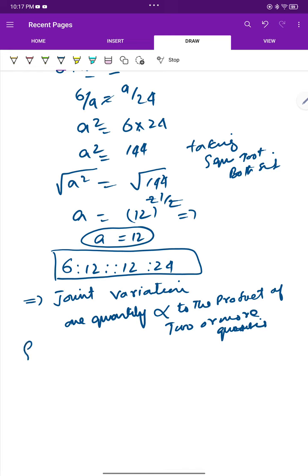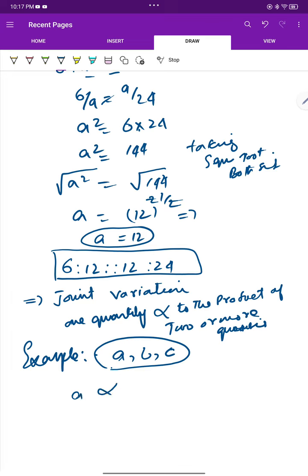So let's take an example of joint variation. If there are three quantities A, B, and C, how can you write it? A is directly proportional to the product of B multiplied by C. When we use the word product, product means multiplication.